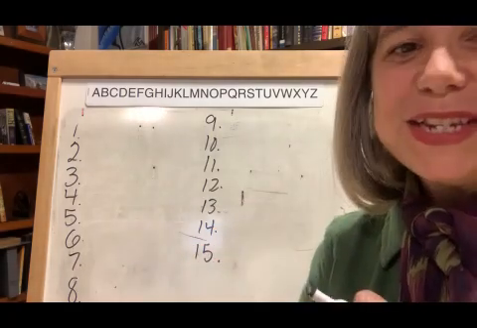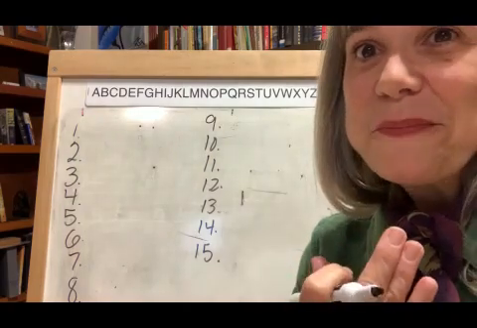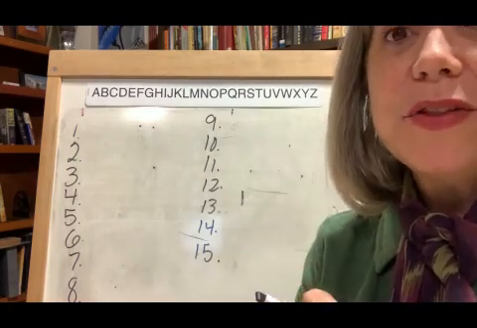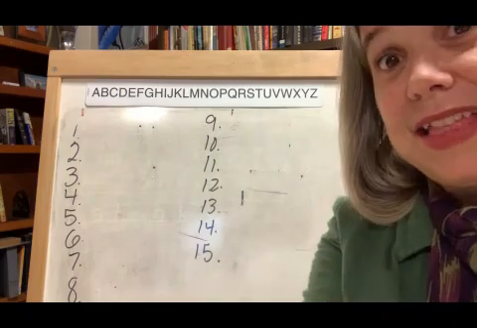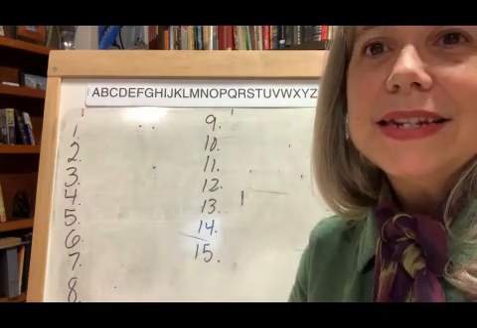We have 15 sounds that we have learned. So look at my mouth, repeat the sound after me, name the letter that makes that sound, and then write the letter. Number 1, S.